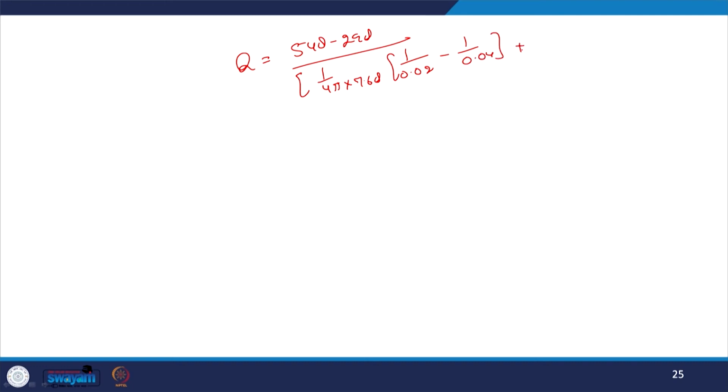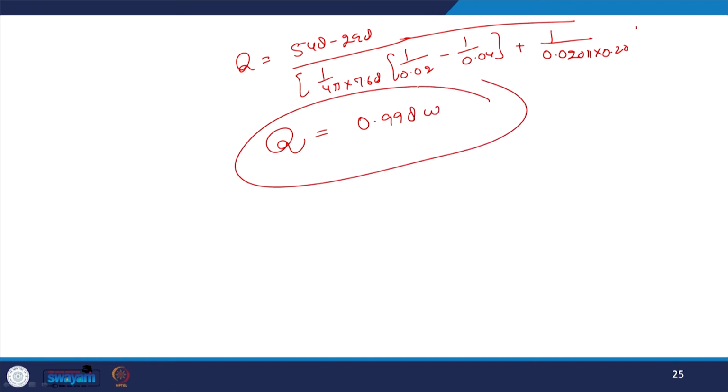Now if we substitute all given values in given equation, then Q is equal to 548 minus 298 upon 1 upon 4 pi into 7.68 into 1 upon 0.02 minus 1 upon 0.04 plus 1 upon 0.02011 into 0.20, and that comes out to be Q is equal to 0.998 watt, and that is our desired answer.